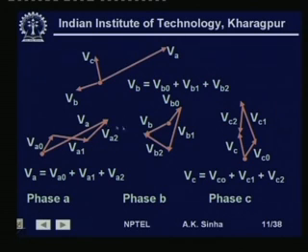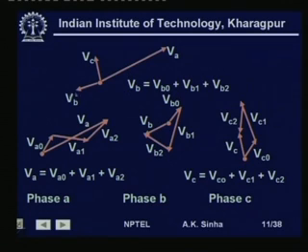Similarly, VB0 plus VB1 plus VB2 will give us this phasor VB, which is this phasor here. Similarly, VC0 plus VC1 plus VC2 will give me this phasor VC.